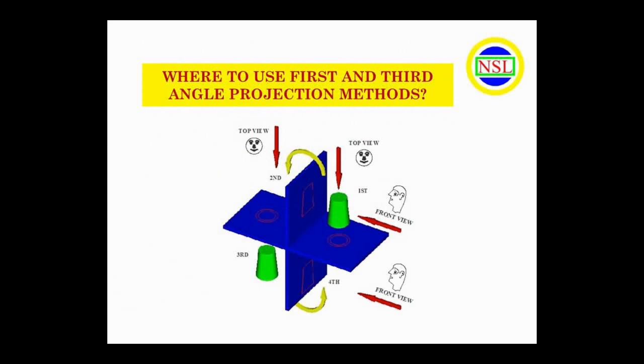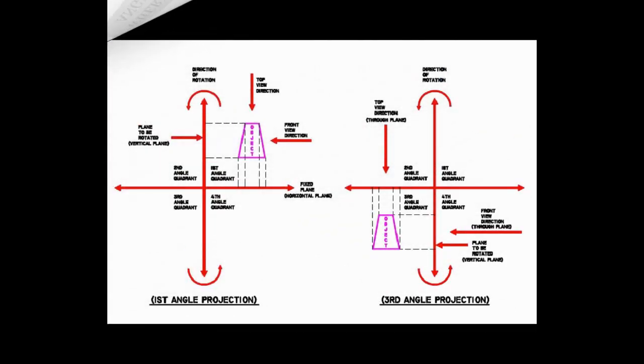First angle projection method is used in all the countries other than United States of America and Australia. Today, with the global approach, one should be familiar with both the systems, but select only one method for practical.